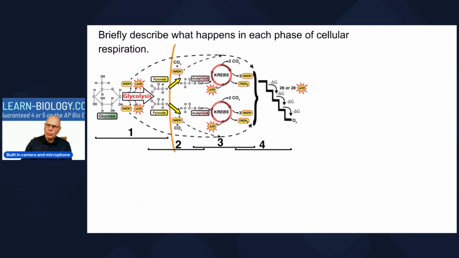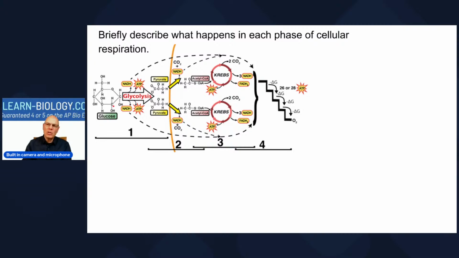So we begin with glycolysis, and glycolysis means the splitting of sugar, and you see that happening in this side of the diagram, where a glucose molecule is broken down by a variety of enzymes. I have an entire tutorial about enzymes. We're not going to talk about them in detail here, but everything that happens is happening through the action of an enzyme.